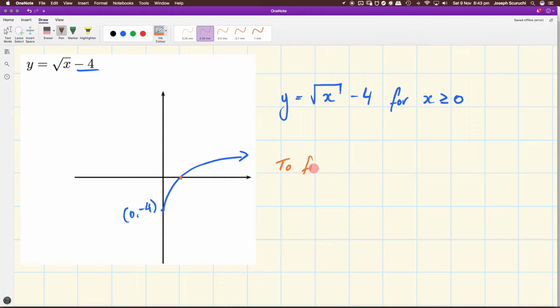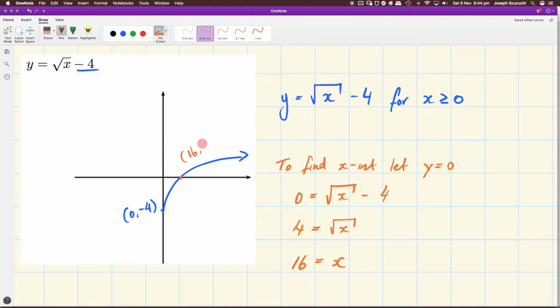To find the x-intercept, what do I do? I let y equal 0. So 0 equals the square root of x minus 4. Put 4 on this side, square root of x, square both sides, I'm going to get 16 equals x. So that means here, this obviously is not to scale, it's going to be 16, 0. So my starting point is going to be 0, negative 4, and my x-intercept is going to be 16, 0.